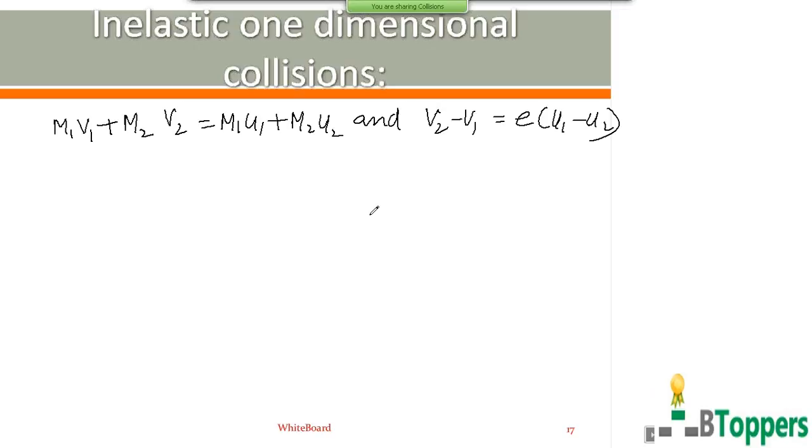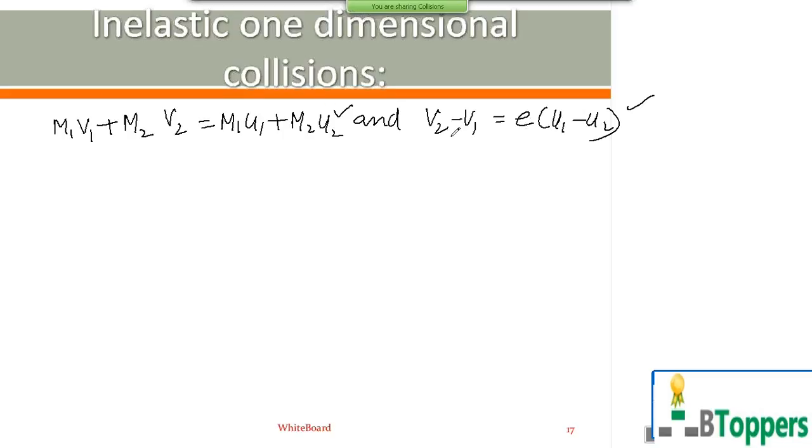That means any problem in one-dimensional collisions can be solved by using these two equations. If the collision is perfectly elastic, you can take E as 1. If the collision is completely inelastic, then you can take E as 0. For other inelastic collisions, E lies between 0 and 1.